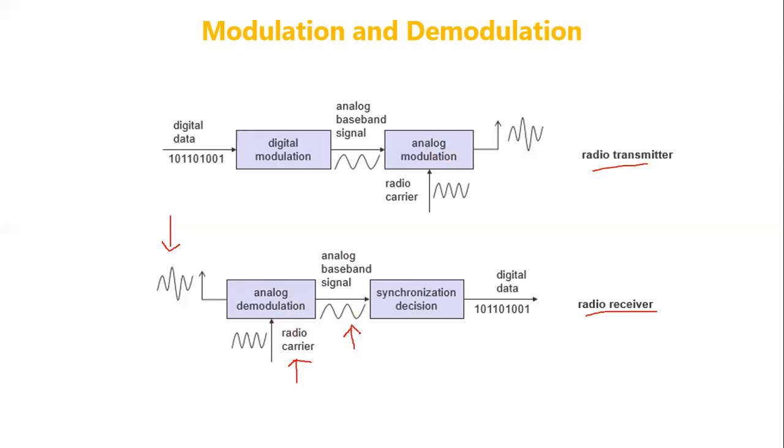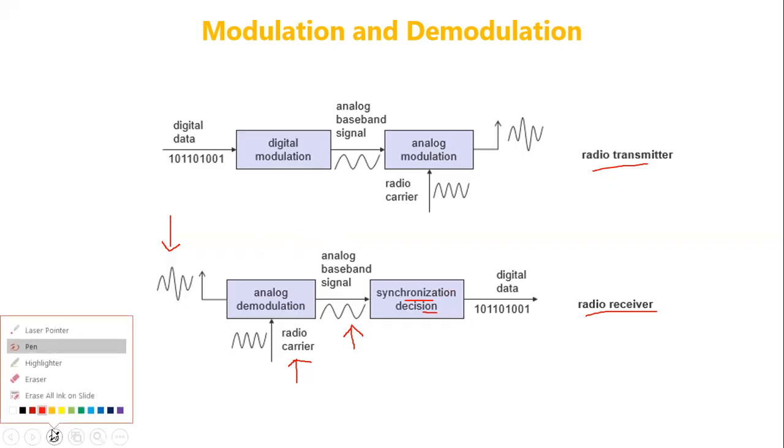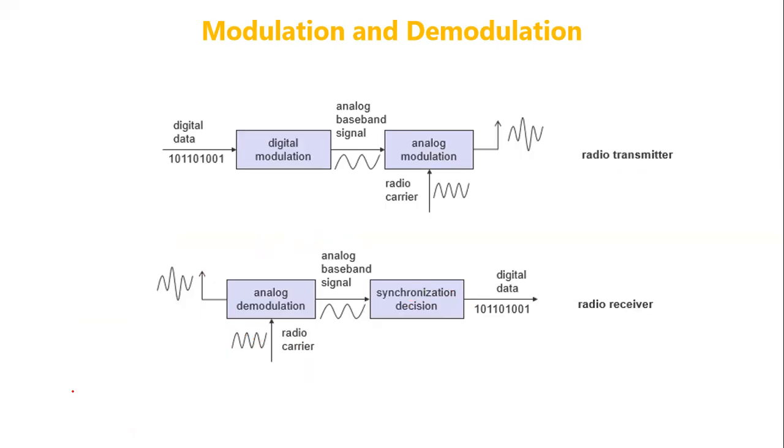So as the output of analog demodulation, at the receiver end we get the baseband signal. Now this baseband signal should be converted to a digital signal. For that, some synchronization decision is made, and based on that synchronization process, the analog baseband signal is converted to digital data. This process is called demodulation. So this is how modulation and demodulation work in wireless communication.